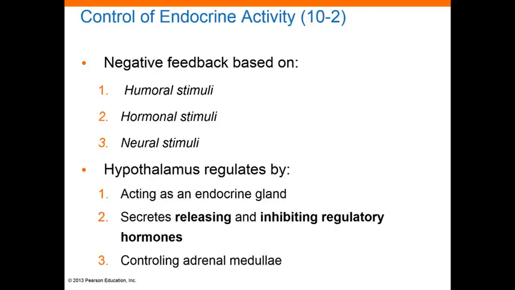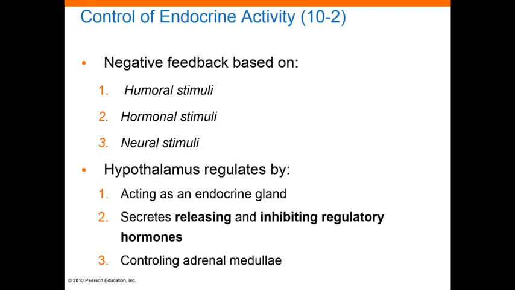Endocrine activity may also be controlled by hormonal stimuli, or changes in the levels of other circulating hormones. Such control usually involves 1 or more intermediate steps or 2 or more hormones. Finally, endocrine control can be triggered by neural stimuli, resulting from the arrival of neurotransmitters at a neuroglandular junction.